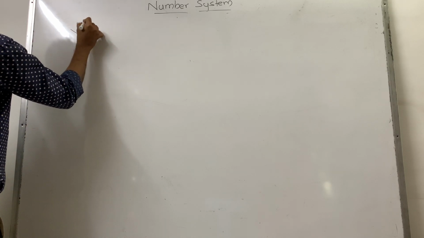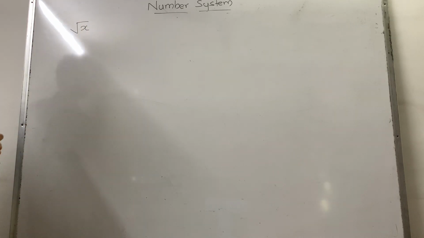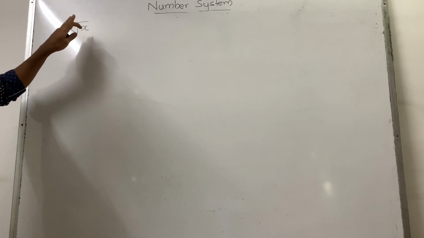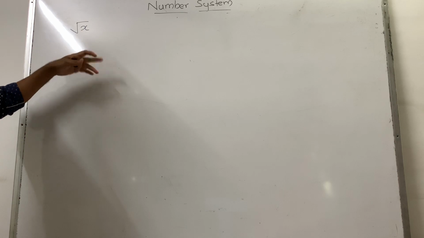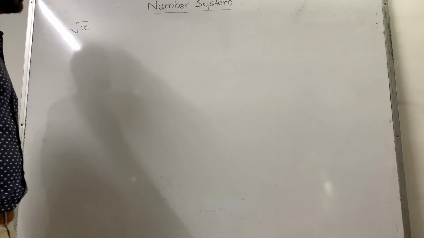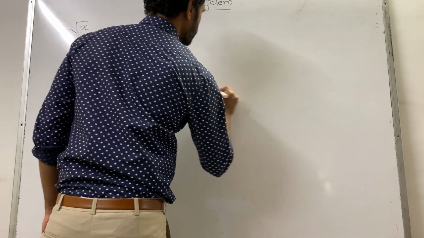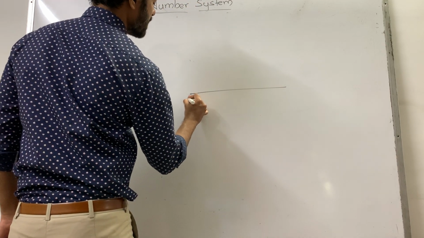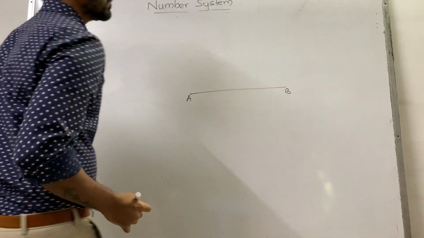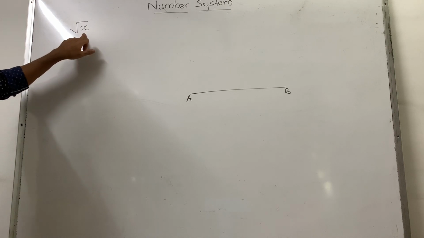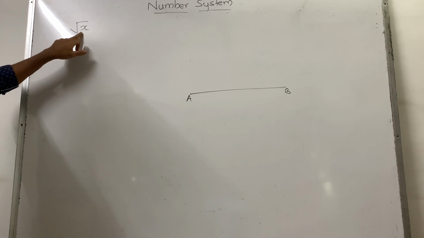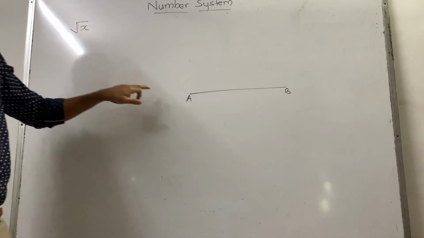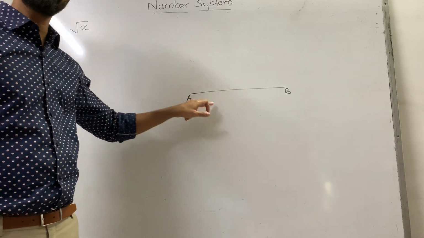Let's say you have to construct root x on the number line, where x is any number in decimal form. X can be 7.5, 8.5, 9.2, anything. So step 1: construct a line segment AB of length x plus 1. That is, if x here is 7.5, AB would be 8.5.